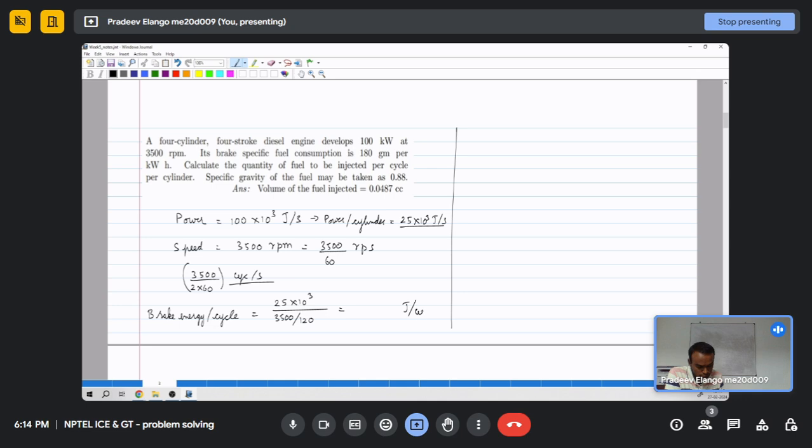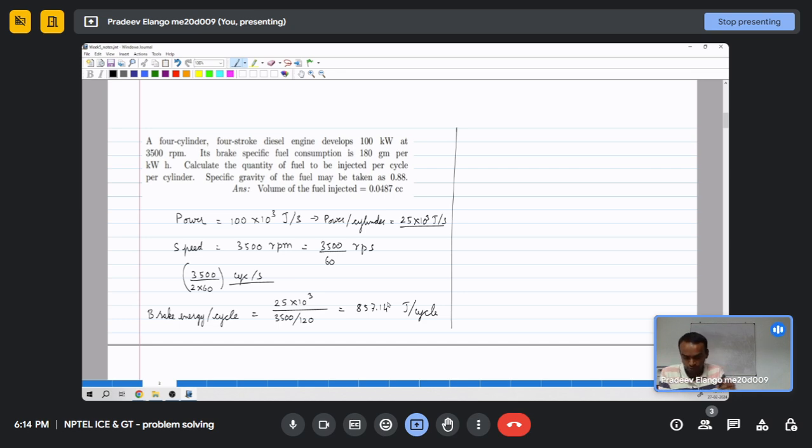This will be joule per cycle. Okay, so this is 857.14 joules per cycle. So this is the brake energy that we have got.